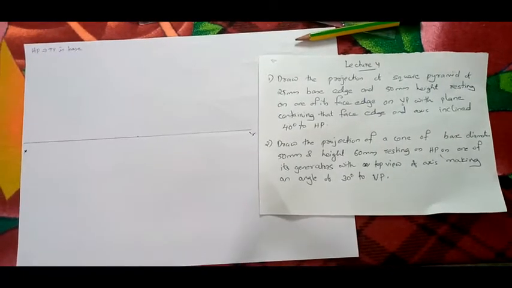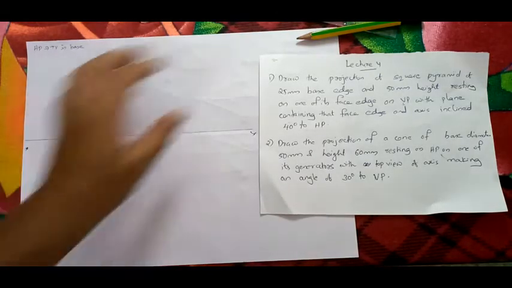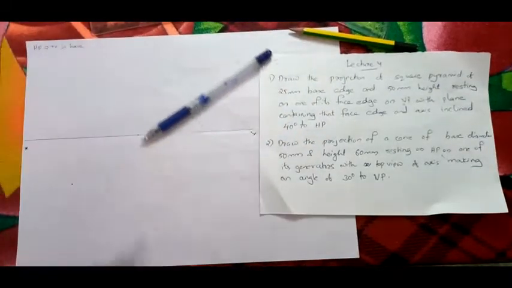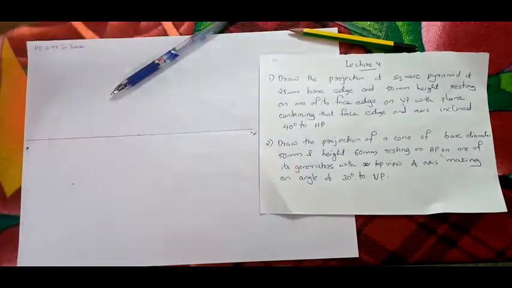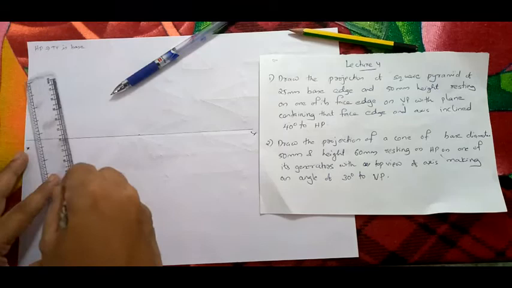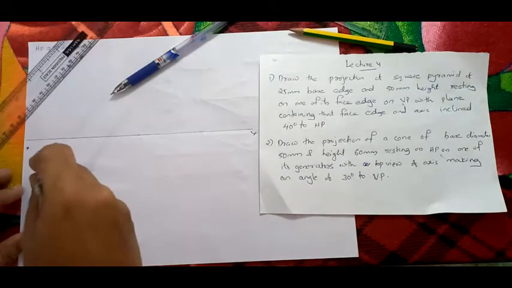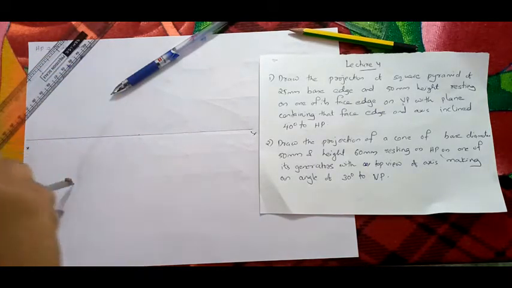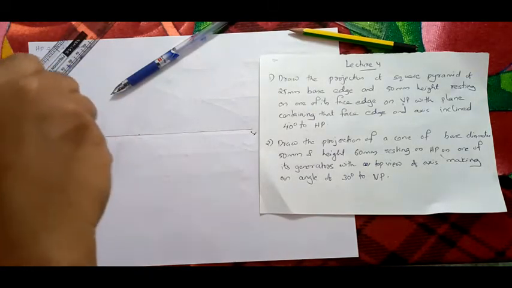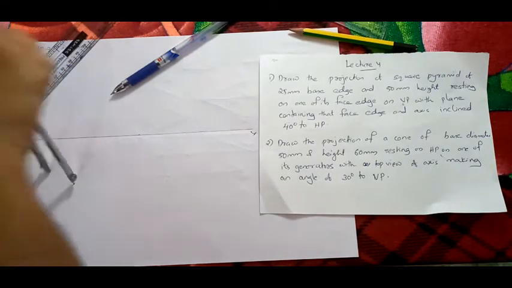So I am going to start with the base diameter, that is a circle. So take a point here. Here they have given 50 as the diameter, right? So take 25 mm radius, 50 is diameter. So take 25 mm on the compass and draw a circle. I am marking it using the compass and I will complete it with a pen.